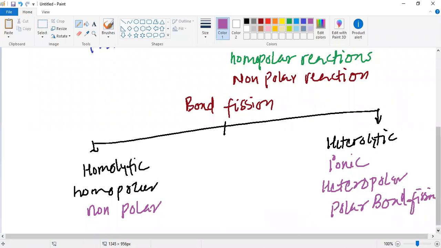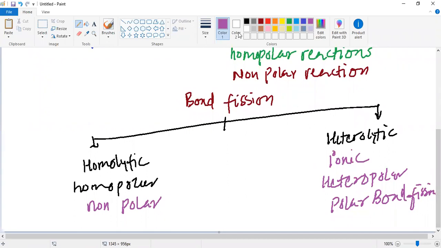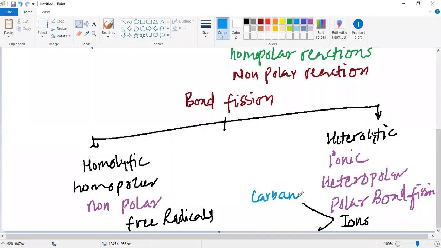Please remember, my dear students, that due to heterolytic cleavage we get ions, and due to homolytic cleavage we will get free radicals. These ions may be carbanion or carbocation.